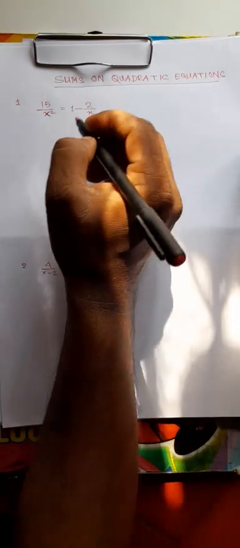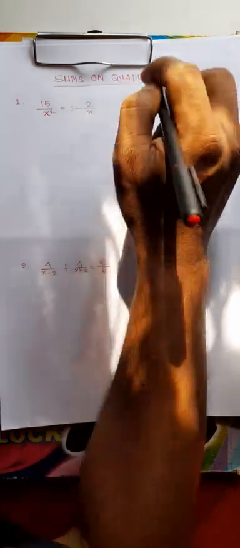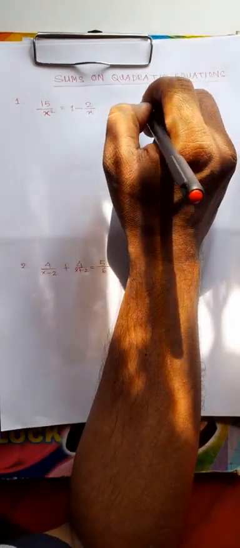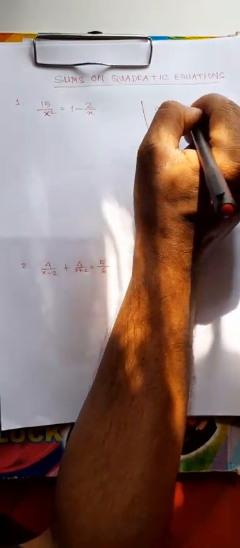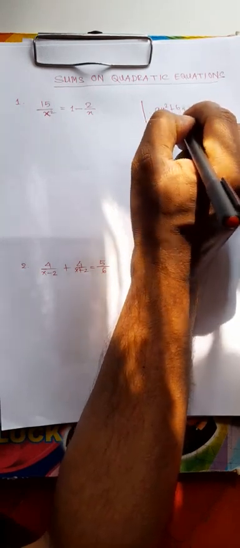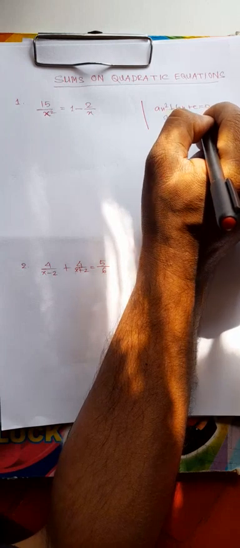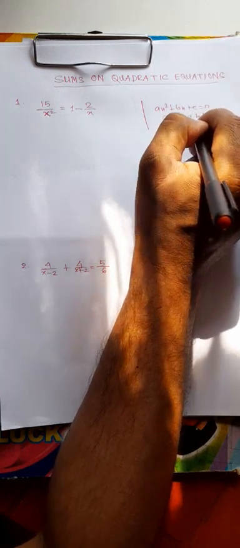Here we will discuss a few important sums on quadratic equations. So let's recall quickly. The standard form of a quadratic equation is ax square plus bx plus c equal to 0, a not equal to 0, where a, b and c are real numbers, right?